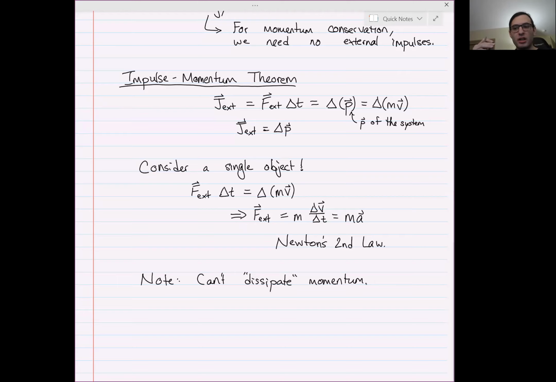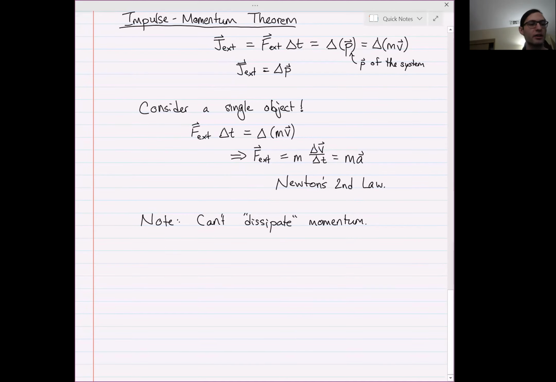So, going back to this question of momentum conservation, how do we figure out if momentum is conserved? How would you do it if this was a homework problem? How do you decide when momentum is conserved?